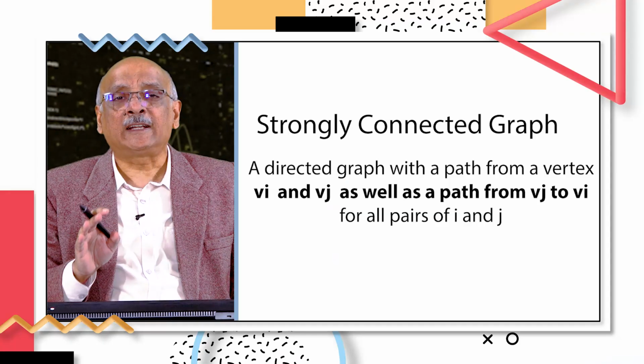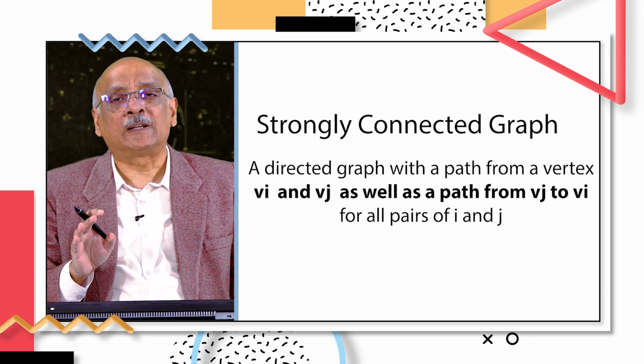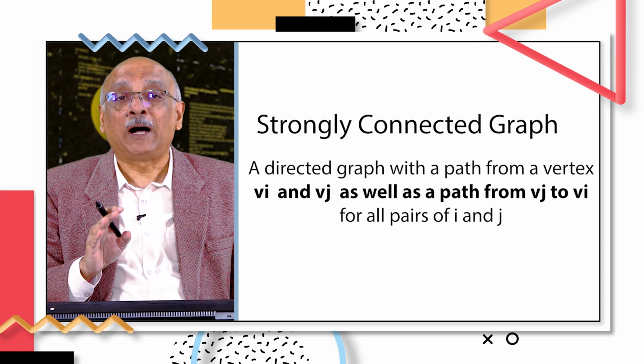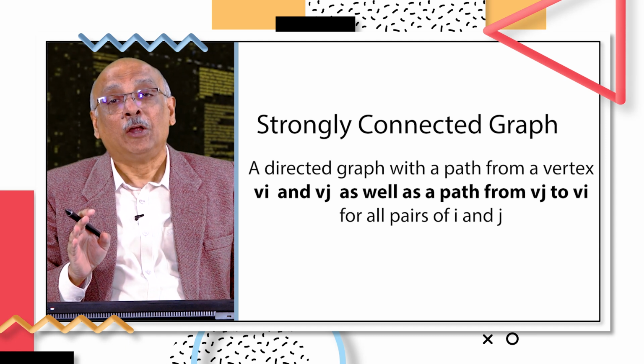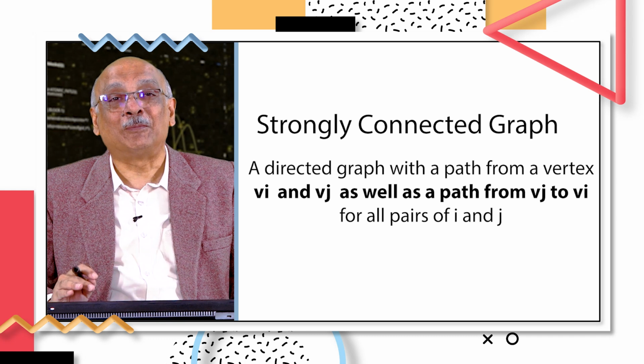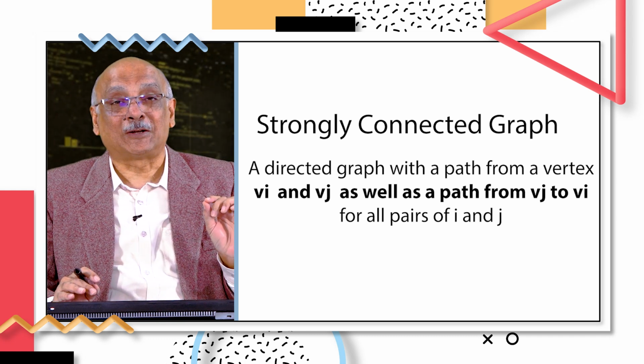So, what are strongly connected components of a graph? Well, most of the time, strongly connected components are defined in the context of a directed graph. A directed graph with a path from vertex Vi to Vj as well as a path from Vj to Vi, for all pairs of i and j, forms the strongly connected component.